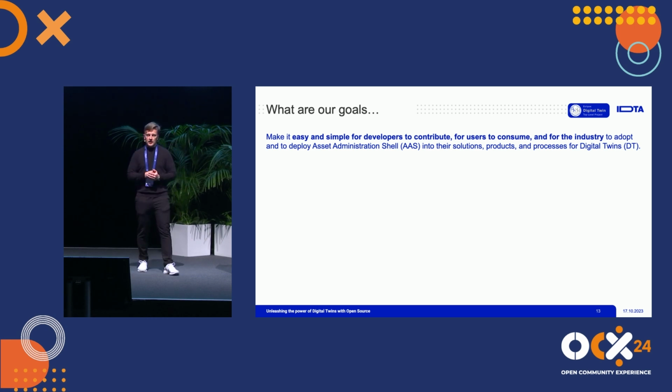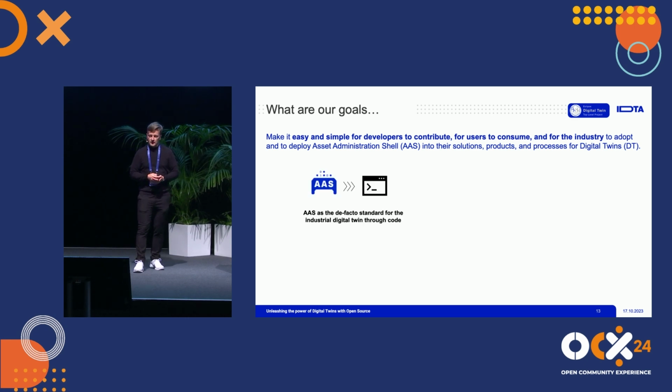Briefly speaking, it's because we want to make it easier for developers to develop applications, to adopt and use the standard, and in the end, also so that the industry has good, high quality, efficient solutions to make their digital twins happen. So it's about using open source as a platform to make AES the de facto standard for digital twins via code.